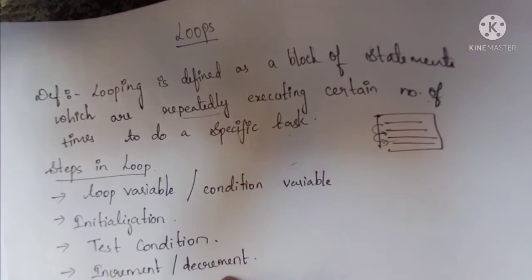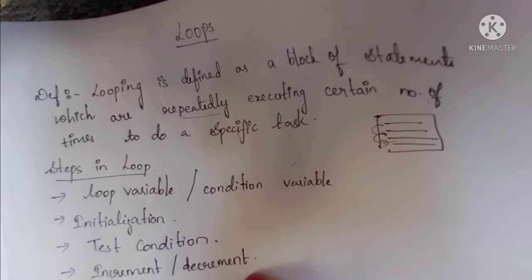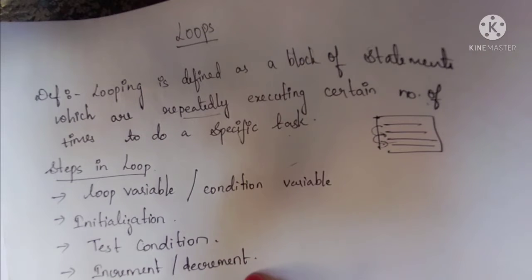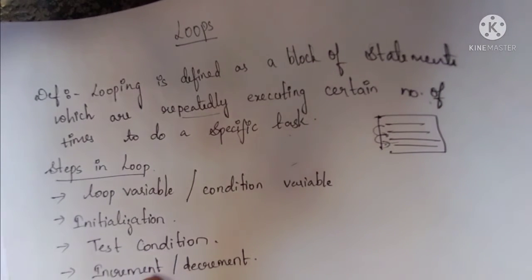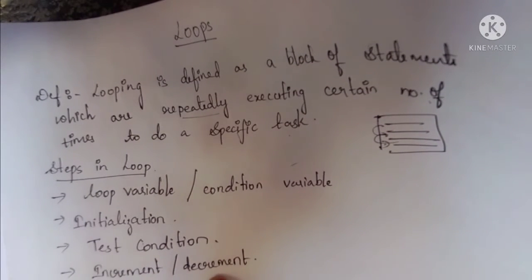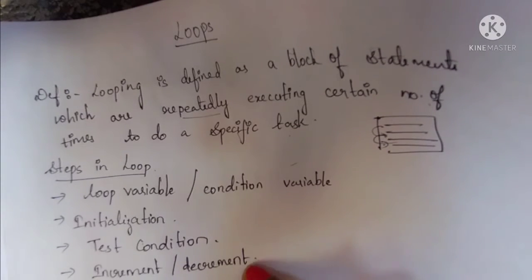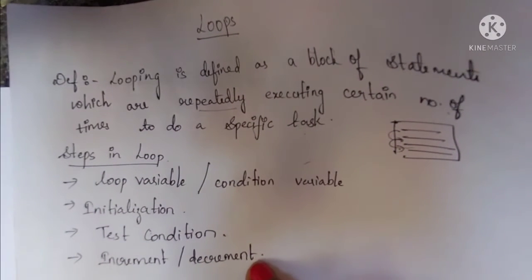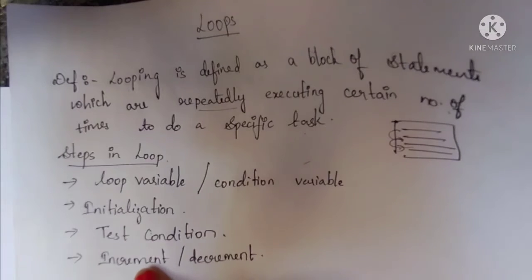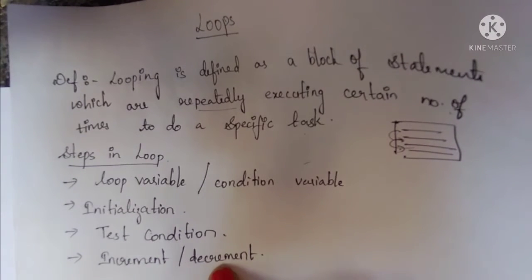The numerical value to be added to or subtracted from the loop variable is shown in the increment and decrement. Whenever you want to increase the value of the variable, we can use the increment. If you want to subtract from the variable, we can use the decrement.